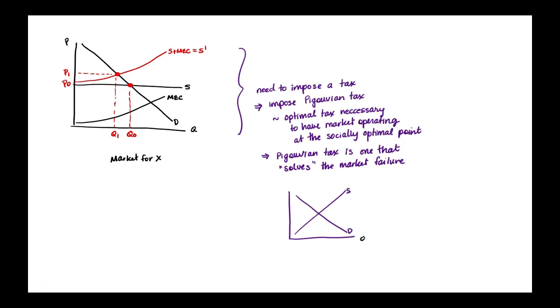So remember, I've only got two axes, quantity and price, which are dollars, right? So a tax is a dollar amount, right? I've got to measure the tax vertically. Everyone agree? So a tax is going to be measured against the vertical axis.